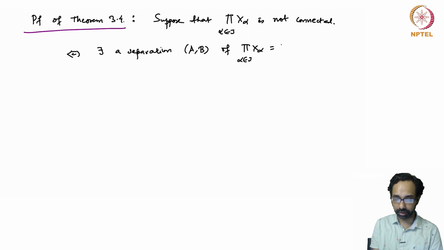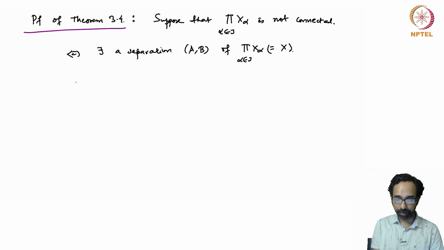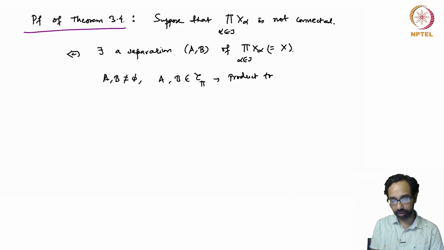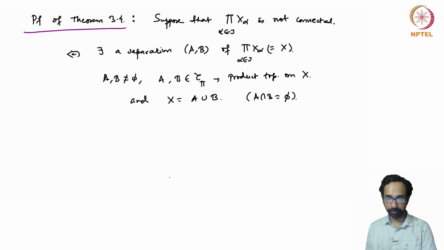So this was our X, and so here again A, B are non-empty, A and B are open in the product topology, so this is the product topology on the arbitrary Cartesian product X, and X is the disjoint union of these two sets A and B.